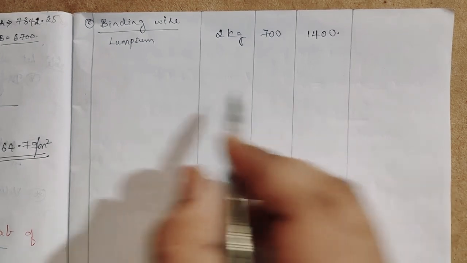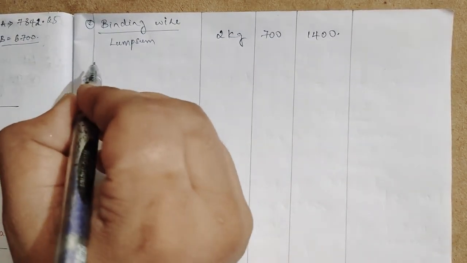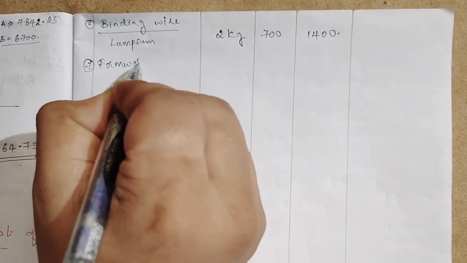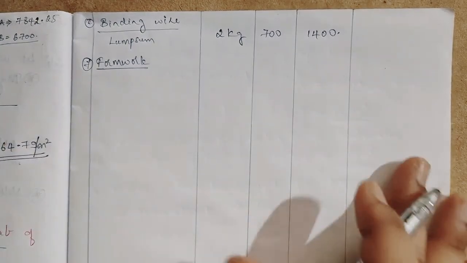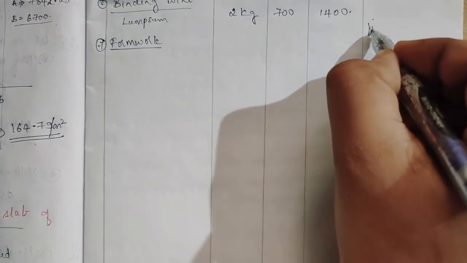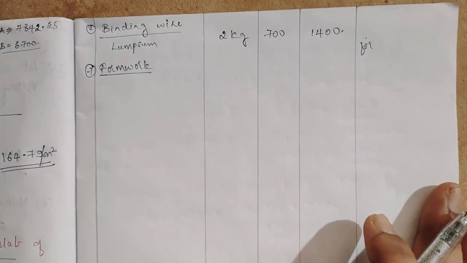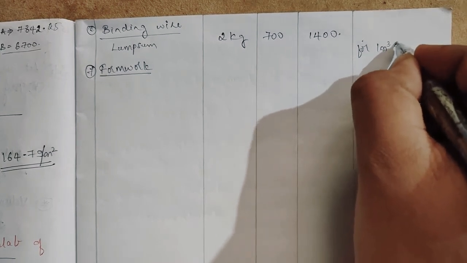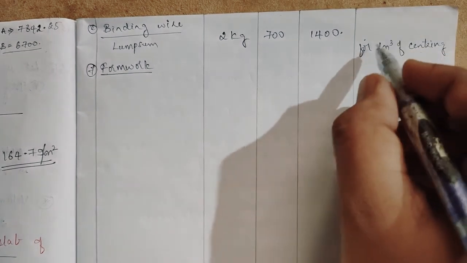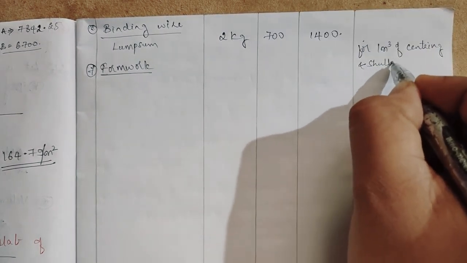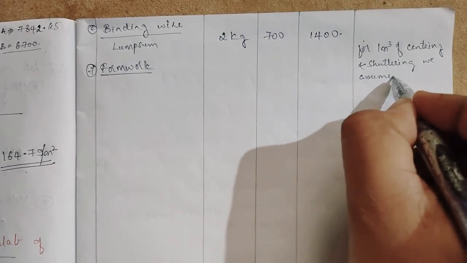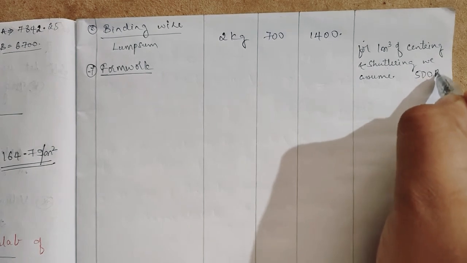Then after the binding wire, what do we require? We require the formwork. This formwork is given by the NBC. For 1 meter cube of centering and shuttering we assume 500 rupees as a lump sum amount.